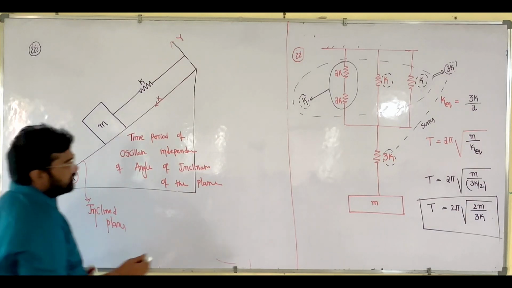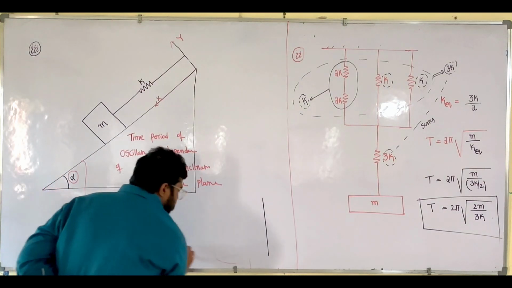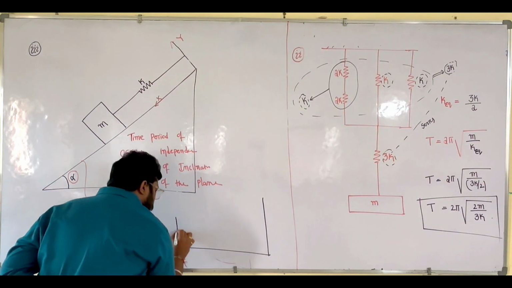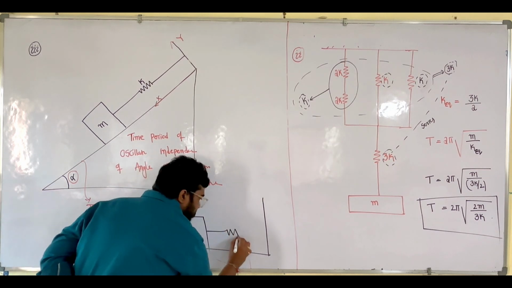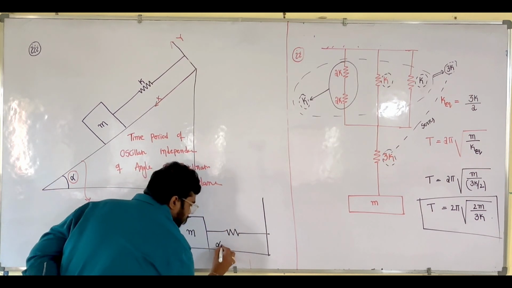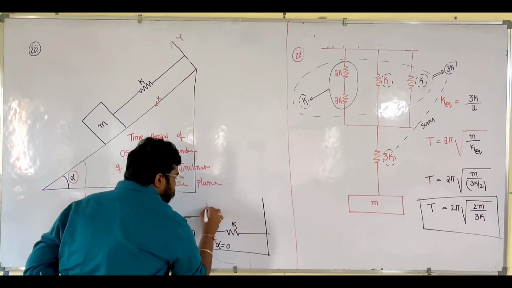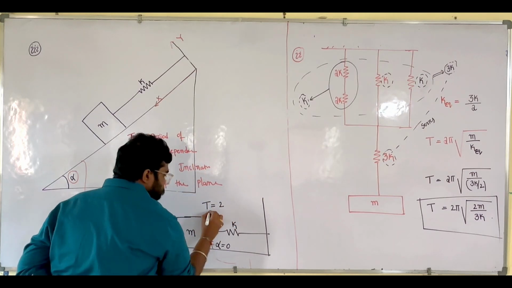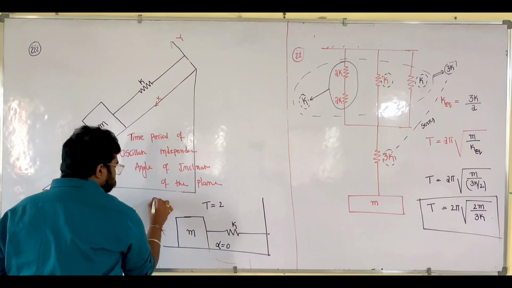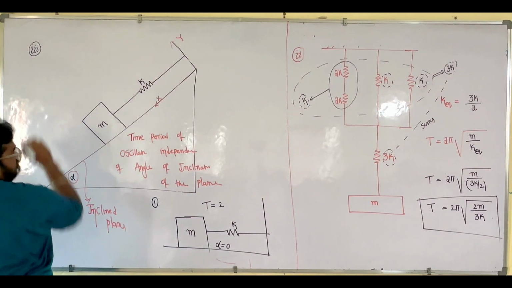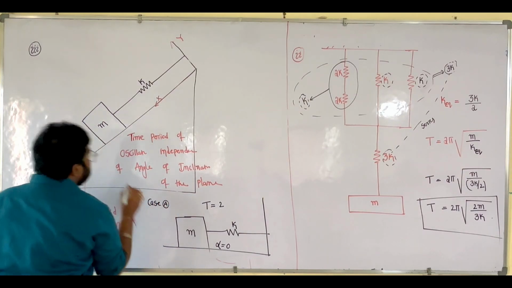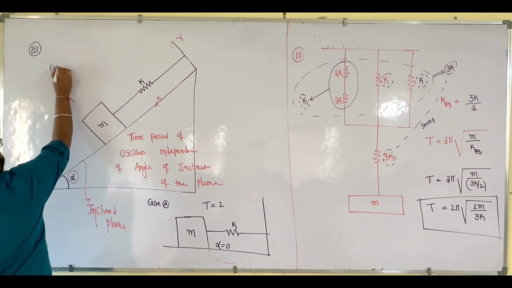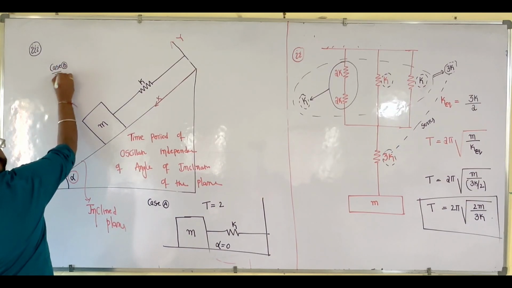Even if it is a horizontal plane, here alpha equals 0. This is K, this may be K_A and K_B.